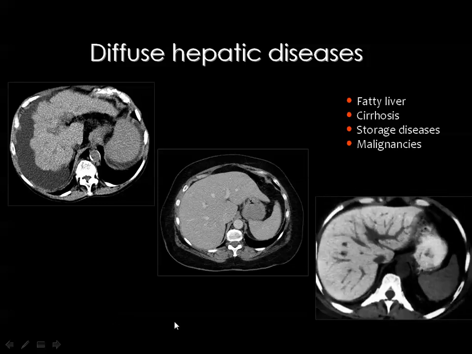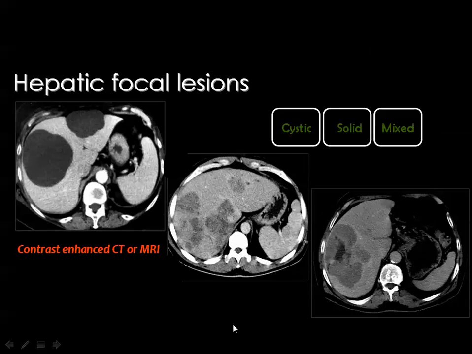But in patients who are not injected with contrast media, if you see that the liver is more dense compared to the spleen, then you know that this is a storage disease, and you may diagnose hemochromatosis or hemosiderosis in some conditions.